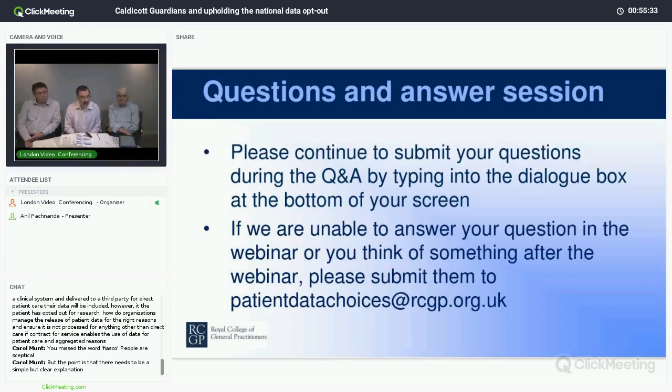It's essential that that is in the contract. Bear in mind, however, that the national data opt-out only applies to identifiable confidential patient information. So where the data is aggregated up and its use is therefore anonymized in line with the ICO's code of anonymization, the national data opt-out doesn't apply.